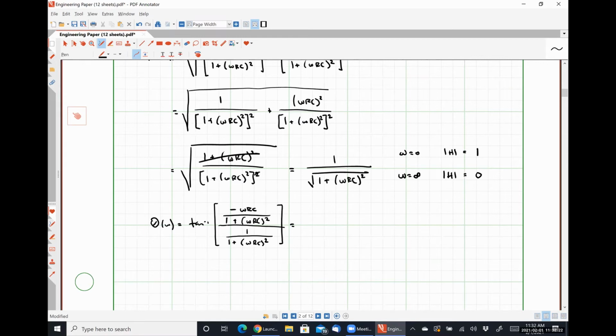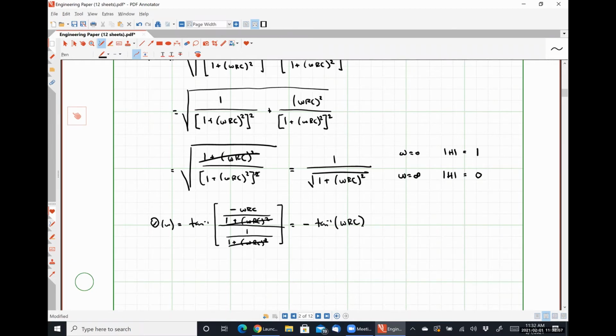We have a common denominator for both fractions, so that cancels out. And so we are going to have negative arctangent of positive omega RC, or arctangent of negative omega RC. They're the exact same point. So we now know how the filter circuit operates.